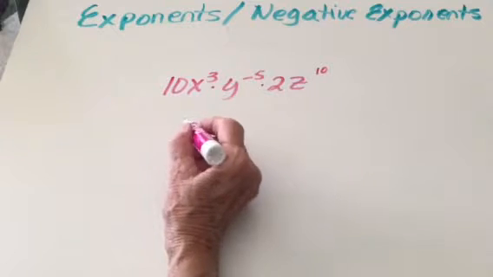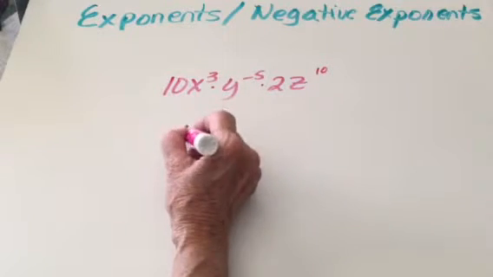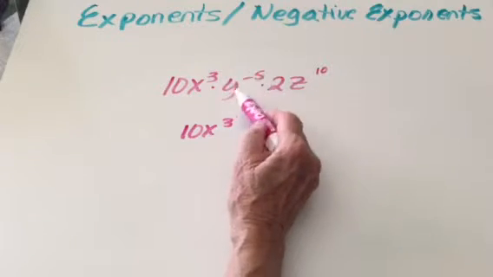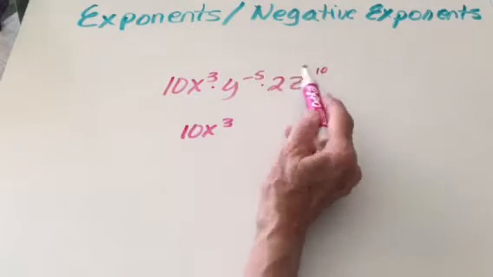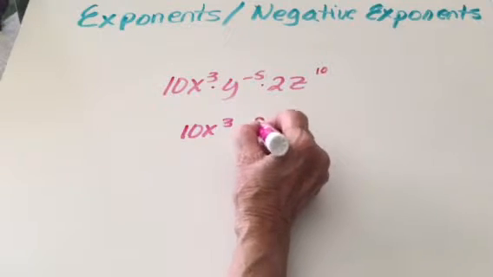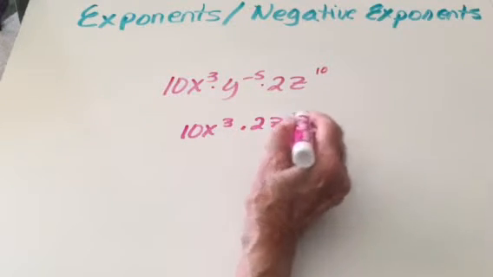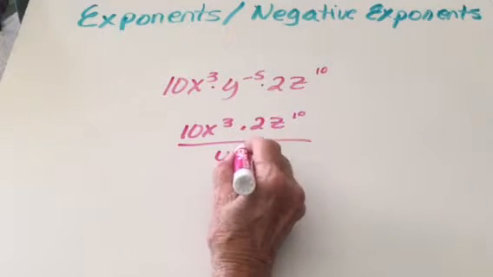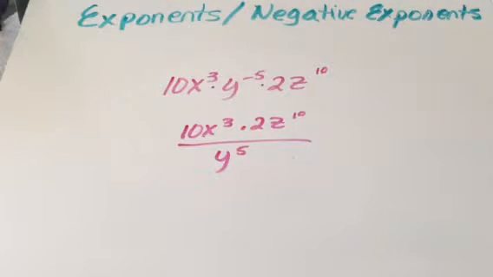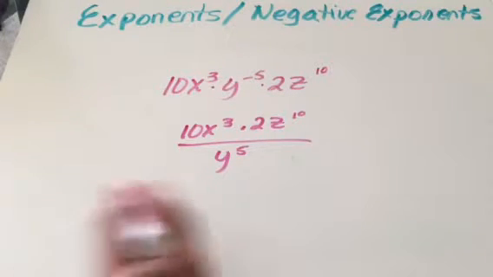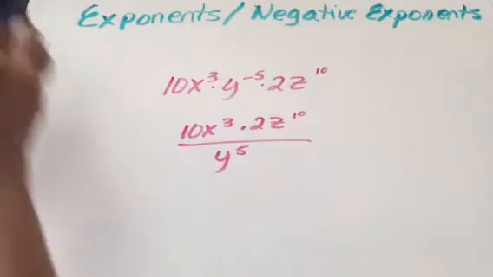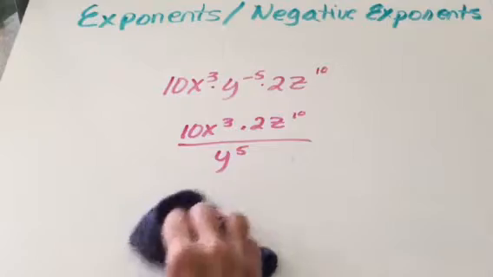Well, the 10x cubed is fine. It's all positive. This is not fine. This is fine. 2z to the 10th. But this guy here, I have to put downstairs. And I turn him into y to the 5th. All right? Now they're all positive exponents. I can never have a problem that has a negative exponent in it. Let's just do one more.